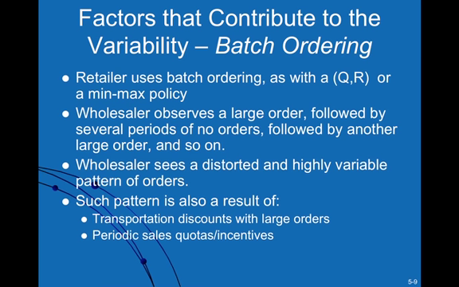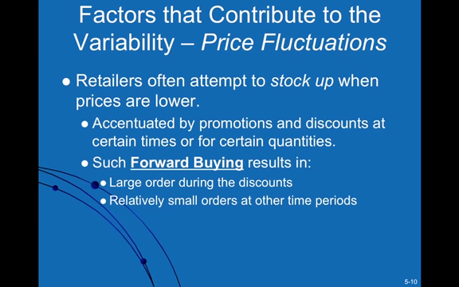So there is this sort of distorted view of a pattern of orders, and the wholesaler will try to react to that. Okay, and so that has implications for transportation, it has implications for inventory and production decisions and so on.